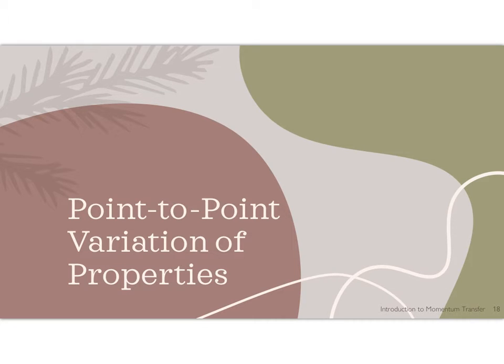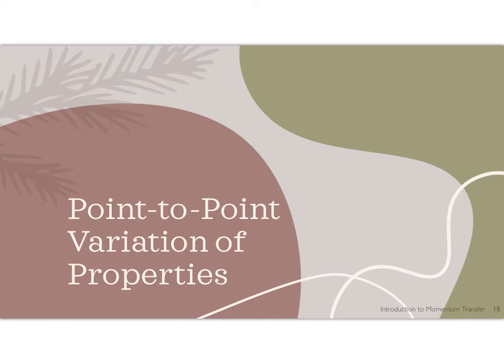So the point-to-point variations in properties, we said that the pressure, for instance, would be the same in every direction, but it isn't the same at every point, right? The classic example that you should be able to remember in your mind is barometric pressure. You hear a weatherman talking about how the barometric pressure is changing, going up, going down, and that predicts weather patterns.